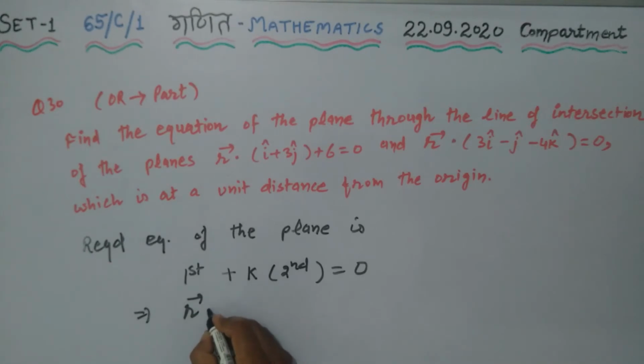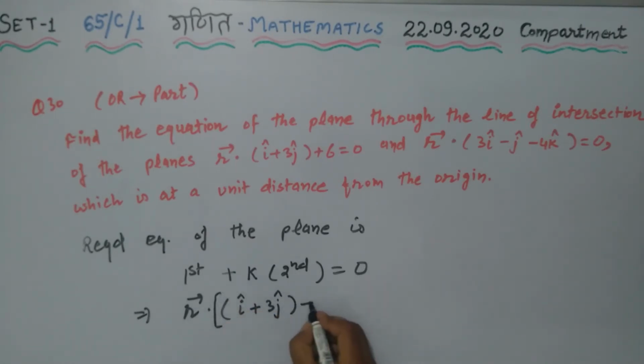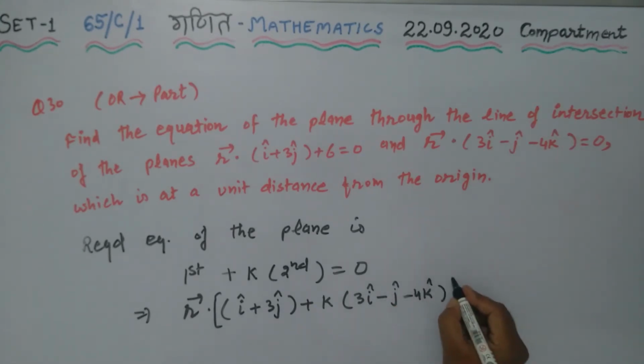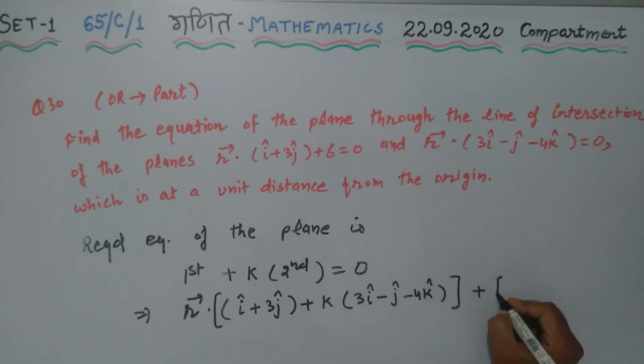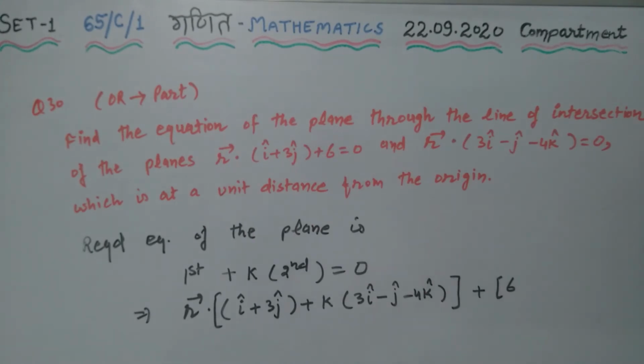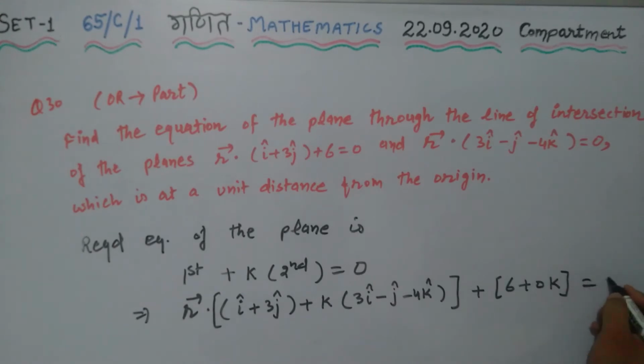r vector dot i plus 3j plus k into 3i minus j minus 4k plus 6 plus 0k is equal to 0, right?